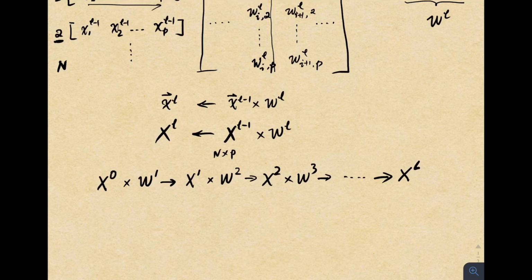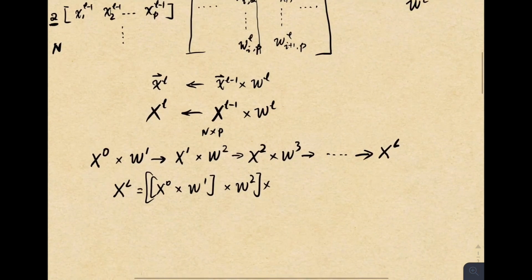of the network. But here we have a problem. Let's have a look. In this form, we can write the final output XL equals X0 multiplied by W1. The result is being multiplied by W2. The result is being multiplied by W3.